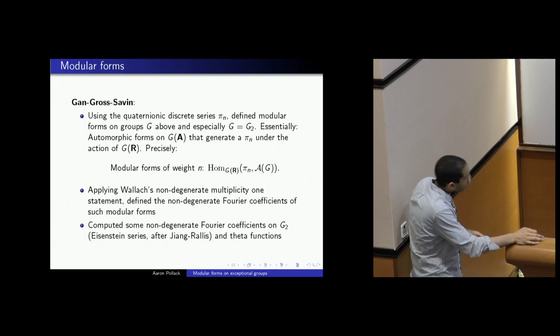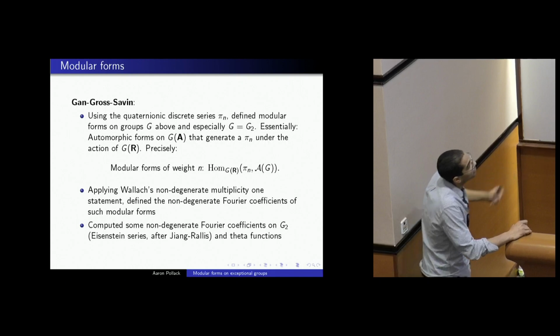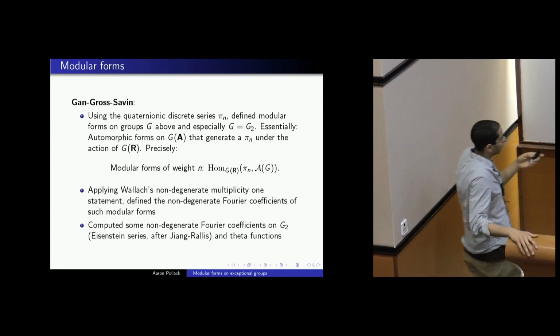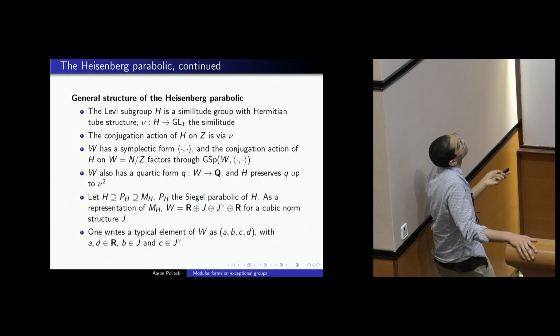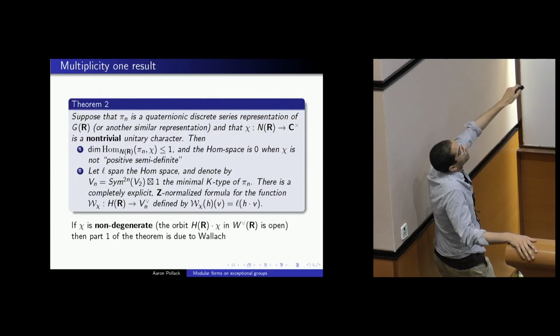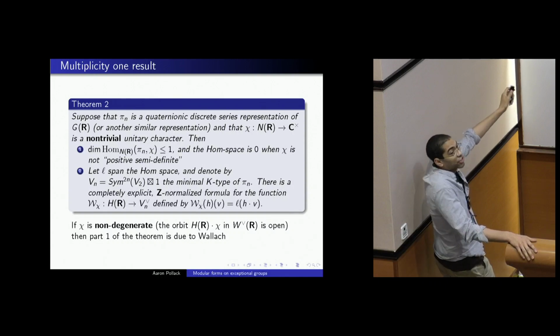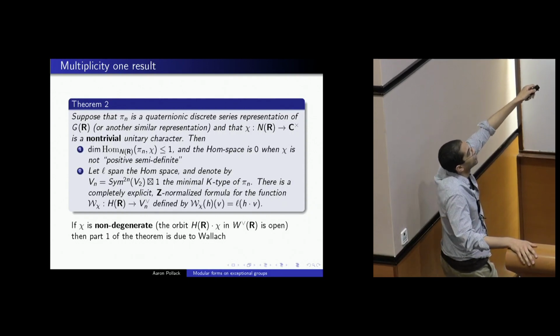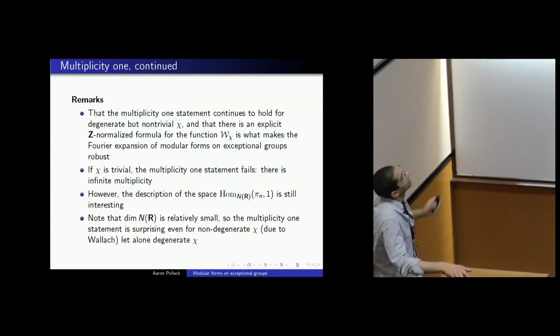And using Wallach's non-degenerate multiplicity 1 statement, the theorem that I mentioned before, Wallach could prove that this Hom space is at most one-dimensional for non-degenerate characters, and so the new parts of this theorem are the degenerate characters and the explicit formula.